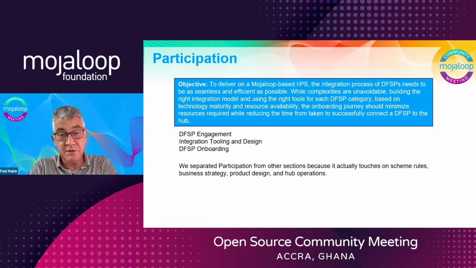Participation: talking to the DFSPs in country to get them to understand what's needed, what the process is, and what the steps are from proof of concept through to pilot through to production. Building the right integration model, using the right tools for each DFSP category. There's a lot of work going on in the Mojaloop community at the moment, as James has already referred to, to make sure we have the right tool for the right DFSP.